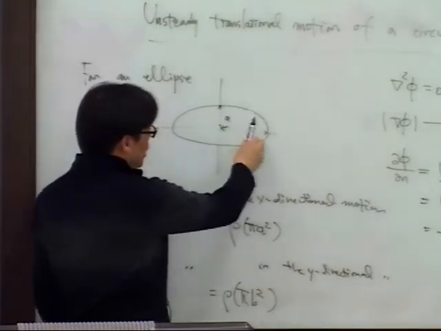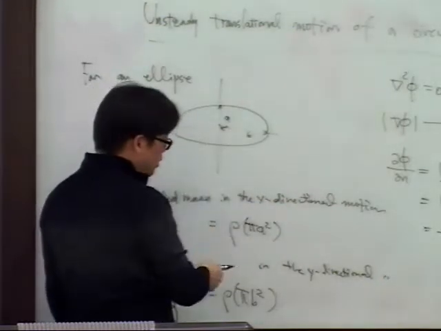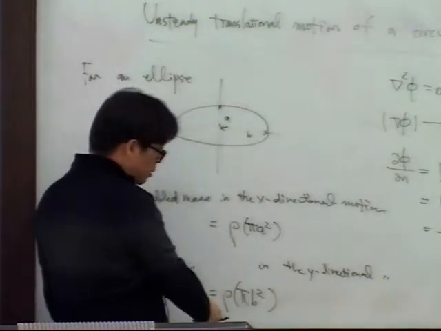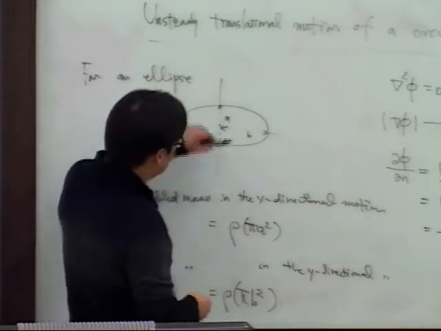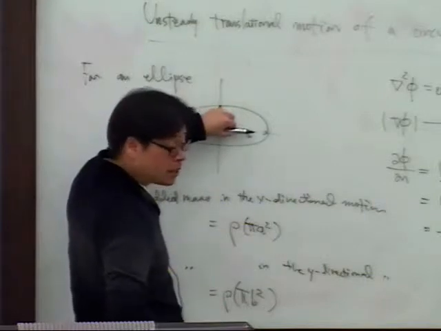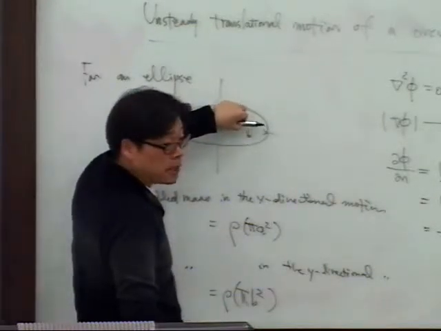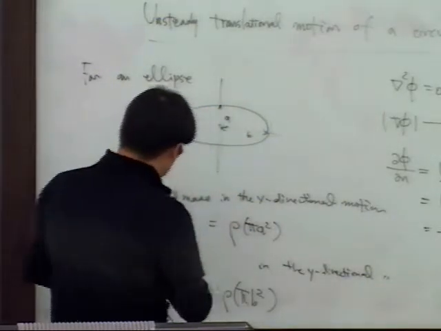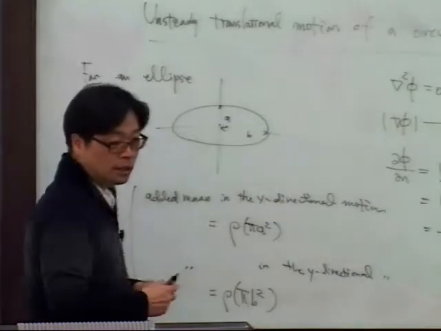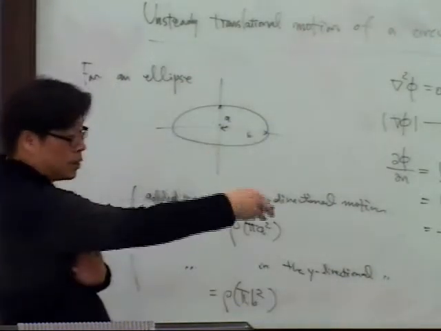And if this guy is moving in the y direction, the eddy mass is rho times pi b squared, meaning that this eddy mass is exactly the same as a circular cylinder whose radius is b. Okay, so that's what we can find from the solution of the Laplace equation.